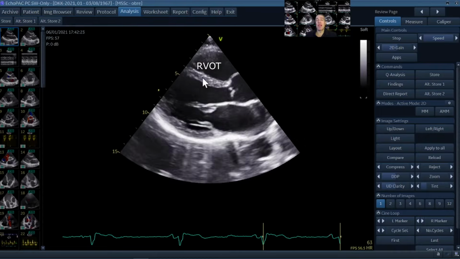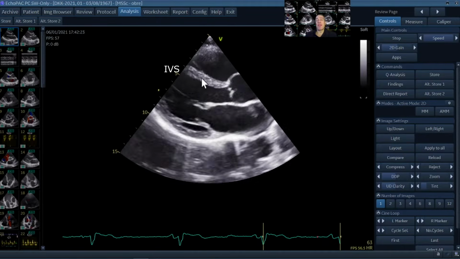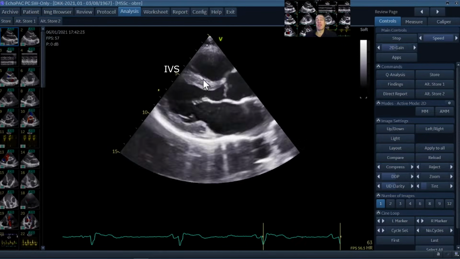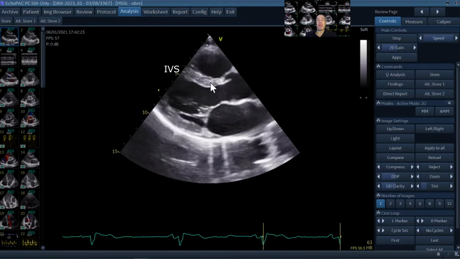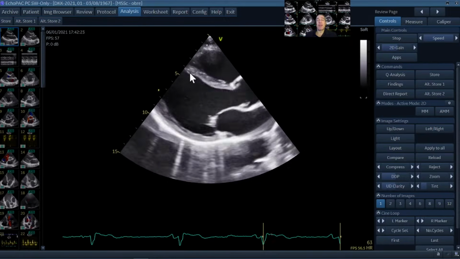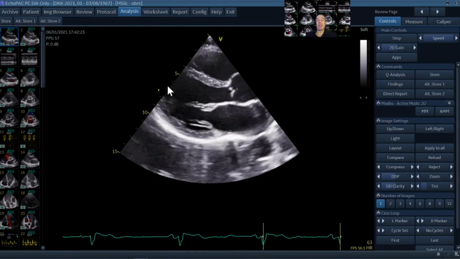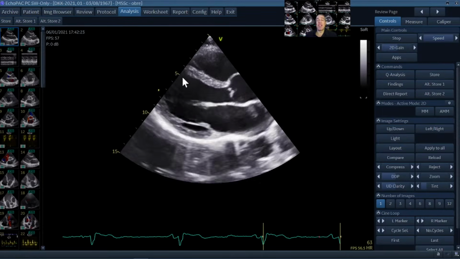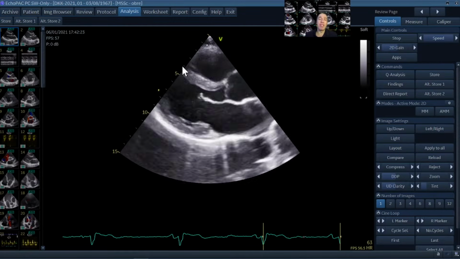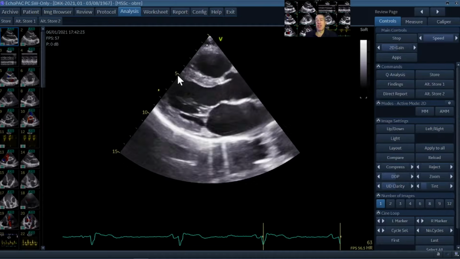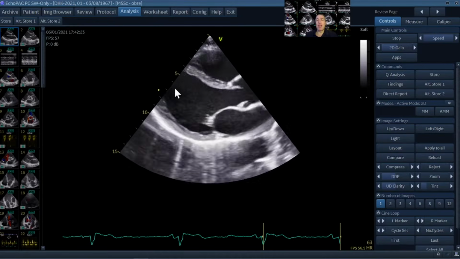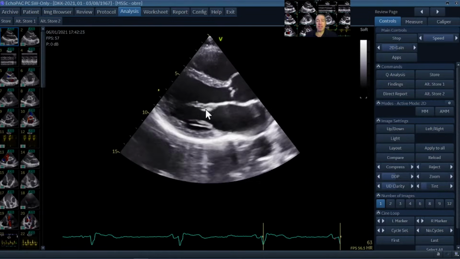In between the anterior septum with a basal and a mid segment. The apical segments are not seen here in this image, but actually in the parasternal long axis image we really don't have to see the apex.